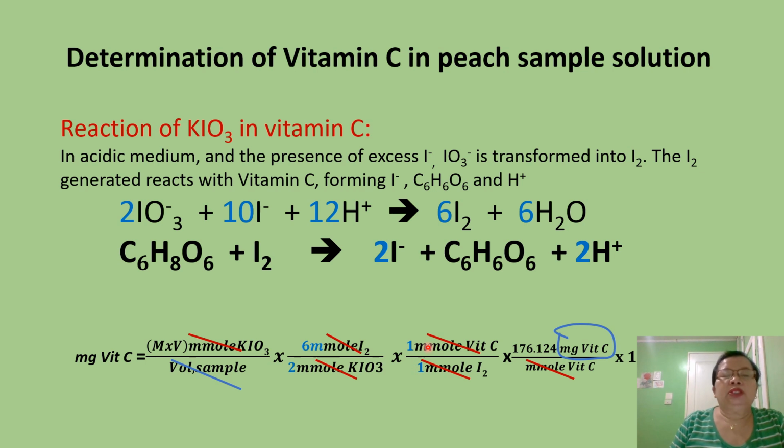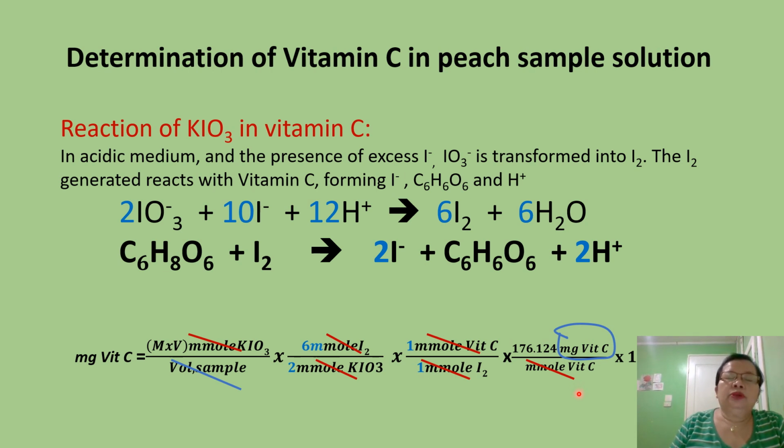But this is also equal to 176.124 milligram of vitamin C per millimole of vitamin C. That's why millimole vitamin C here will cancel with this. So if we are going to simplify up to this point here, the unit of our resulting calculation is milligram vitamin C per ml.